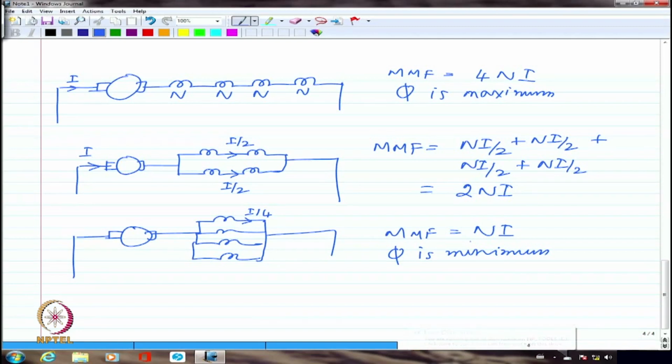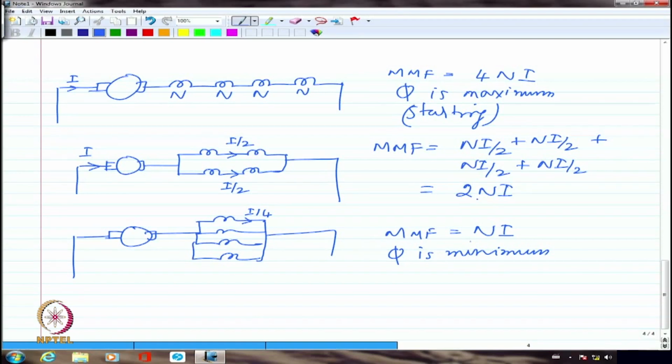If the flux is minimized, in all probability the speed will increase. So generally, we would use the first connection during starting condition so that we get more torque, more flux, less speed.